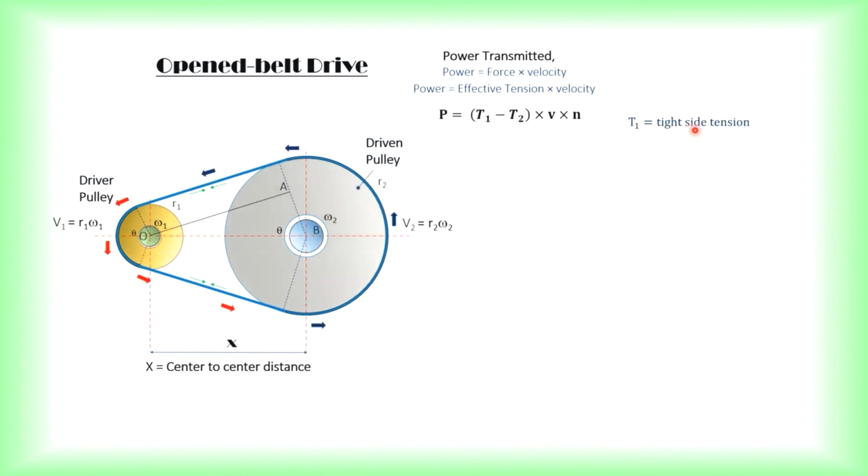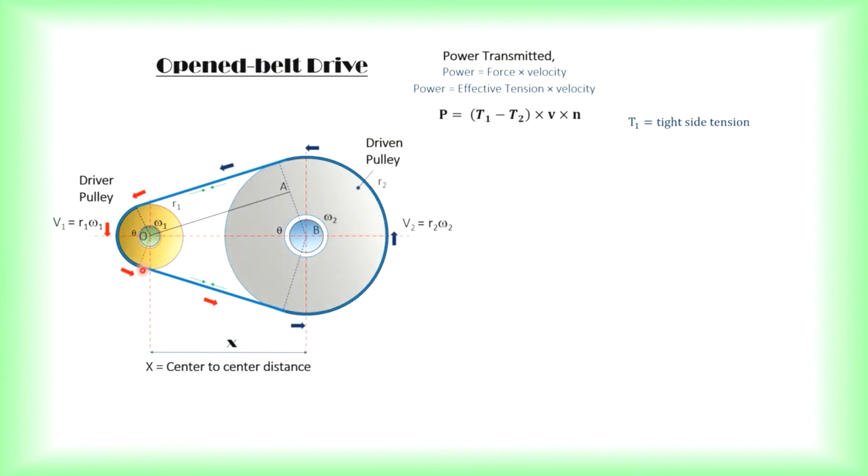So T1 refers to tight side tension, which should be here when this rotates anti-clockwise. When this rotates clockwise, your T1 should be here. In this case, it's anti-clockwise, so your T1 should be here and your T2 at the bottom. Because when it is rotating anti-clockwise, it exerts a pull here.